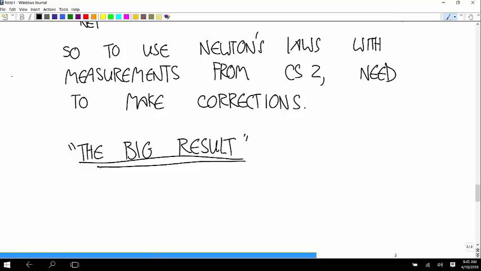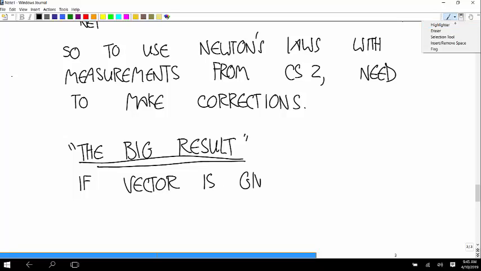The big thing that everything in this section is based on is this. If a vector, let's say this vector, we'll call this vector u.